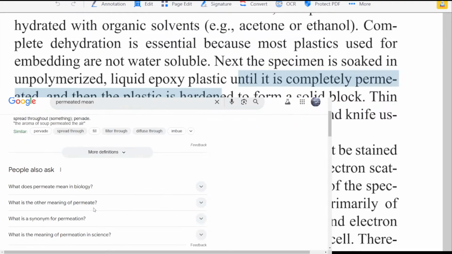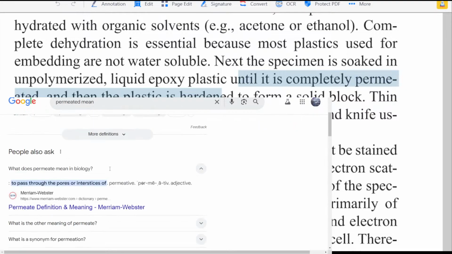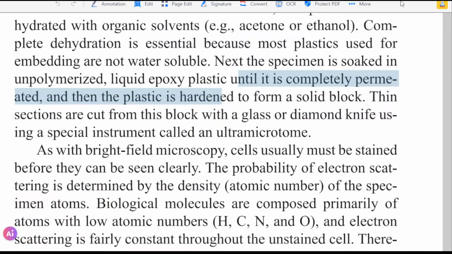It spreads through, it makes it permeable, like pores are made. Then the plastic is hardened to form a solid block. I think making it permeated makes it easier for it to stick to the plastic.